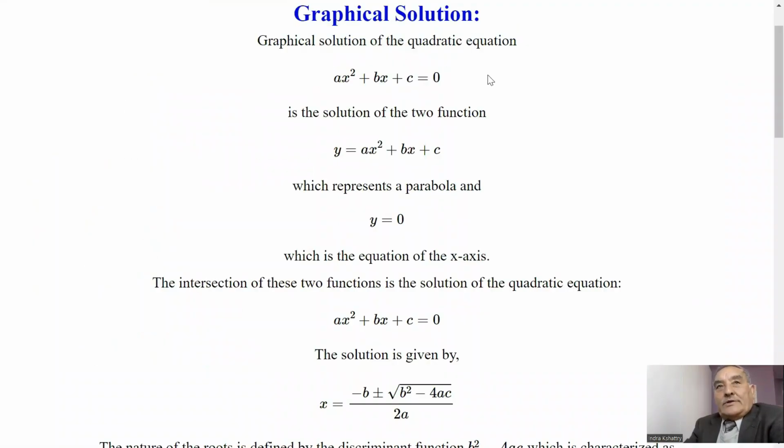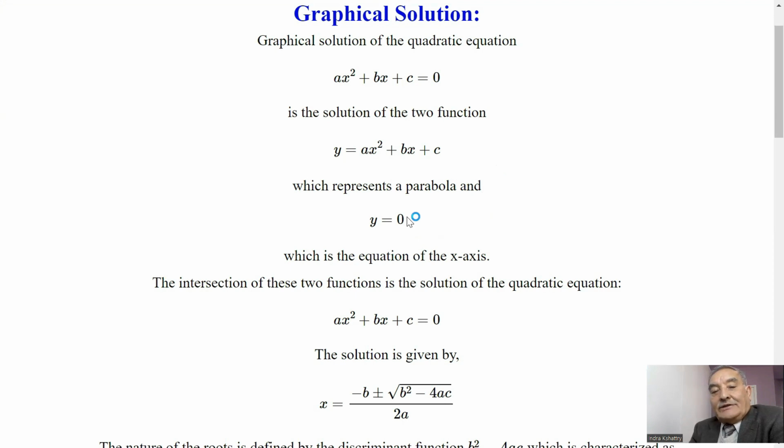Before going to the actual scene, first let's refresh some theory portion of this solution here. The graphical solution of this quadratic equation ax squared plus bx plus c equals 0 is the solution of two functions. The first one is this y equals ax squared plus bx plus c, which represents a parabola.